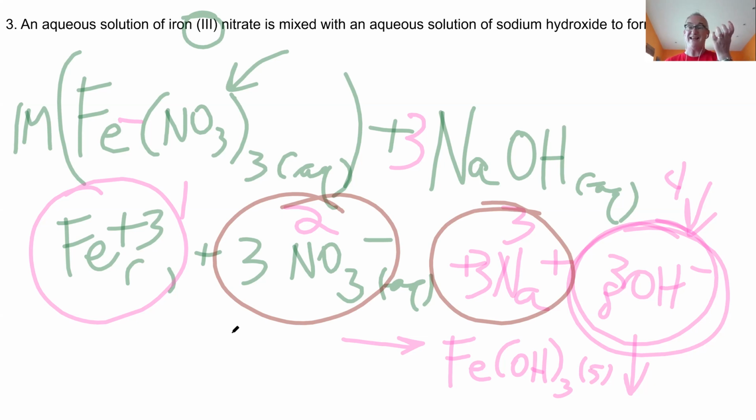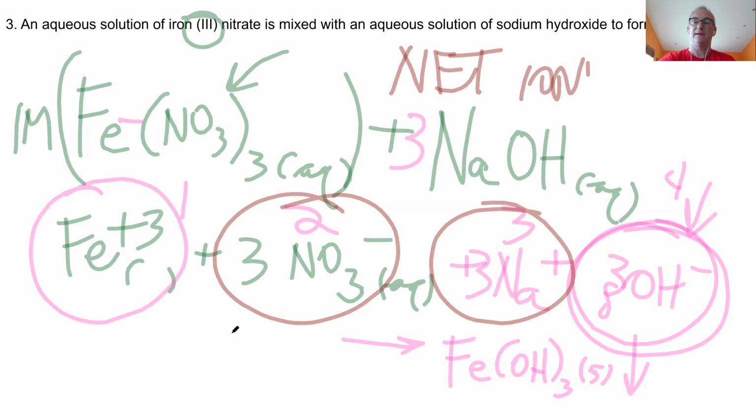So if we were to give the net ionic equation of just the ions that were involved in the reaction, what should we write down? The net ionic equation is just the ions involved in the reaction. No other ions would be present because they're not part of the reaction.